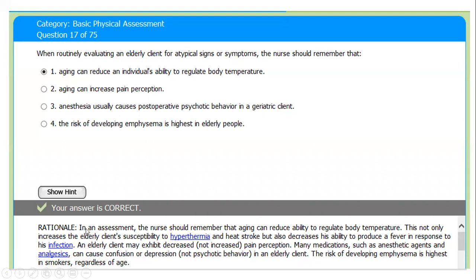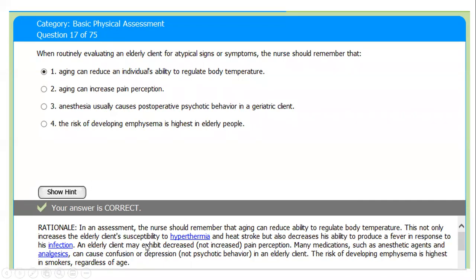The rationale: in an assessment, the healthcare provider should remember that aging can reduce the ability to regulate body temperature, and this not only increases elderly clients' susceptibility to hyperthermia and heat stroke, but also decreases their ability to produce a fever in response to infection.